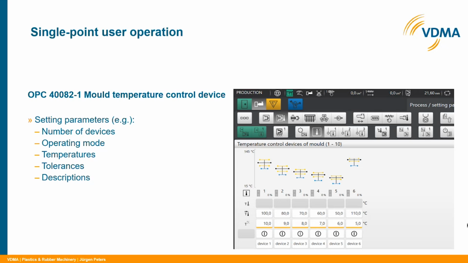The big advantage here is the number of devices which can communicate at the same time via OPC UA. Here you can see that we have 6 different devices. For example, ARBURG supports up to 26 devices at one injection molding machine. And with existing protocols, this is not possible.